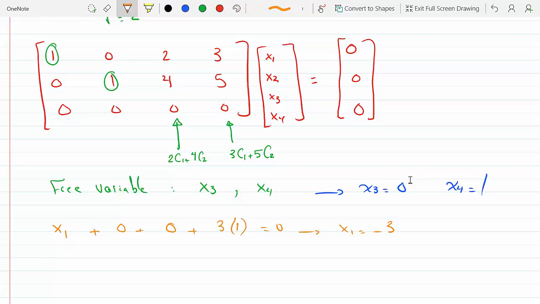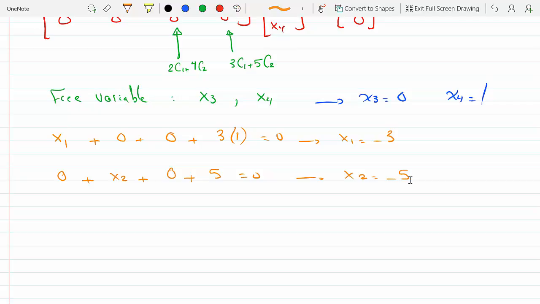And then I could go to the second equation. I basically have two equations. So 0x1, so that's 0, plus x2, which I'm trying to find, plus 4x3, which is 0, plus 5x4, plus 5 equals 0, and that would give me x2 equal -5.